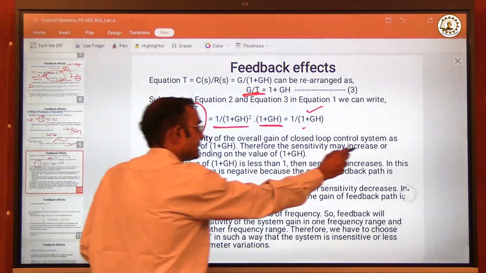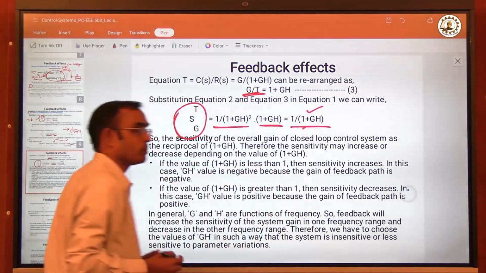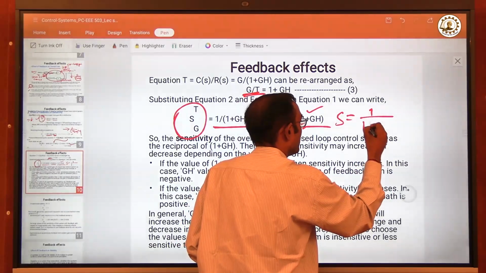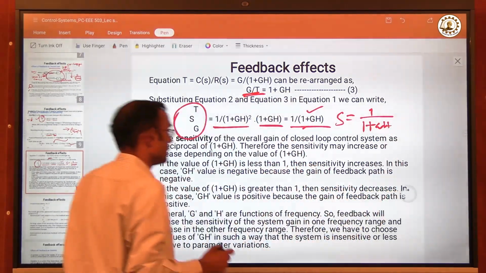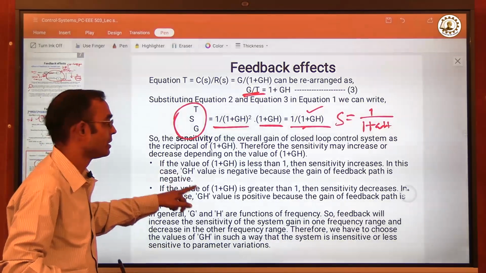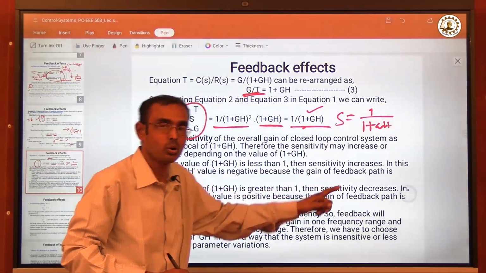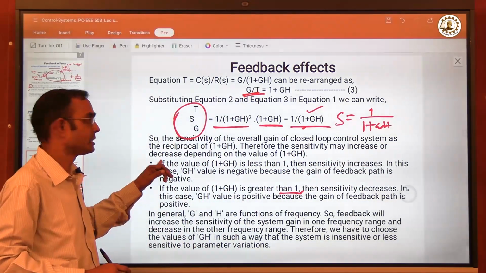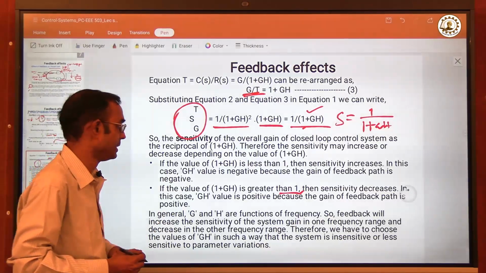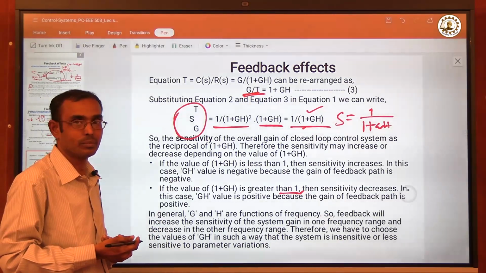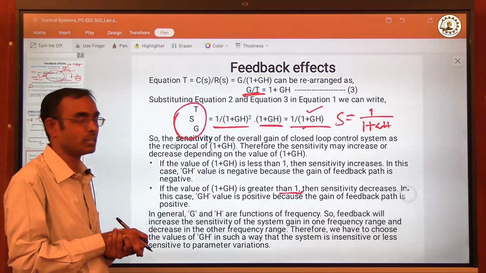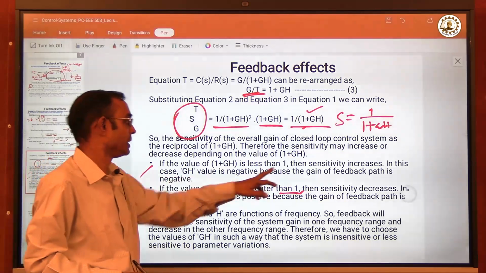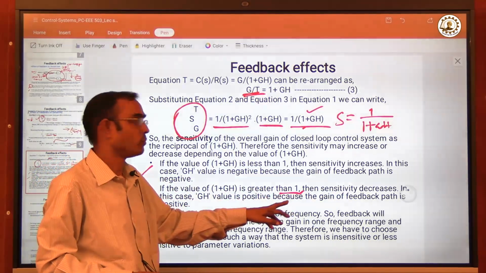So the sensitivity S is 1 by 1 plus gh, which means the sensitivity may be reduced or increased, depending on the value of 1 plus gh. Now let us understand how it depends on 1 plus gh. Two cases may arise: 1 plus gh is less than 1, or greater than 1.